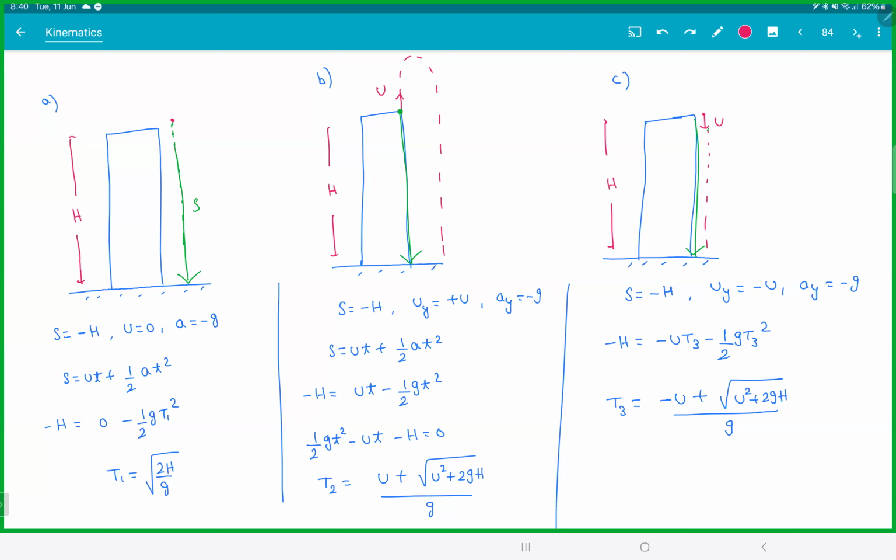The only equation which fits is s is ut plus half at square. Clear?